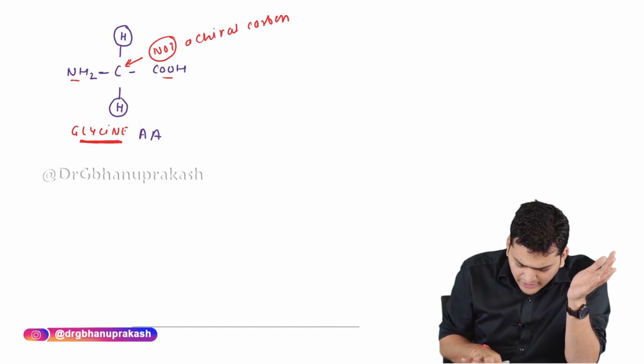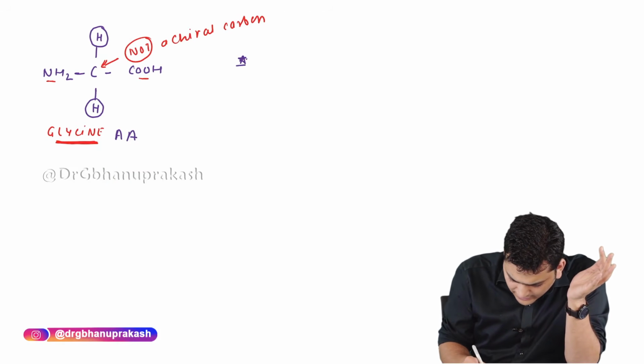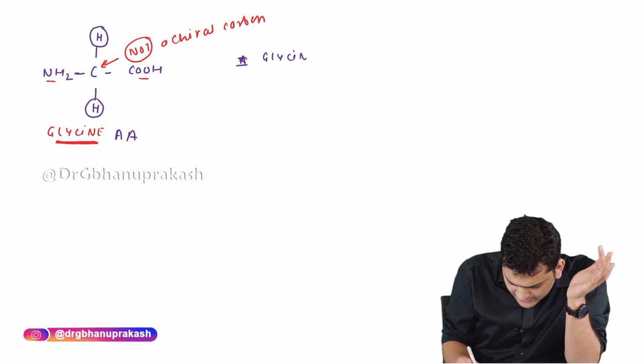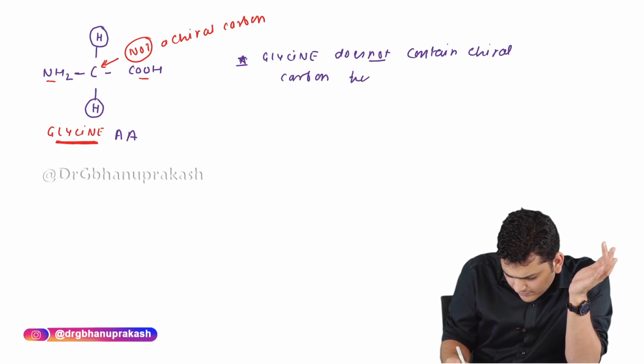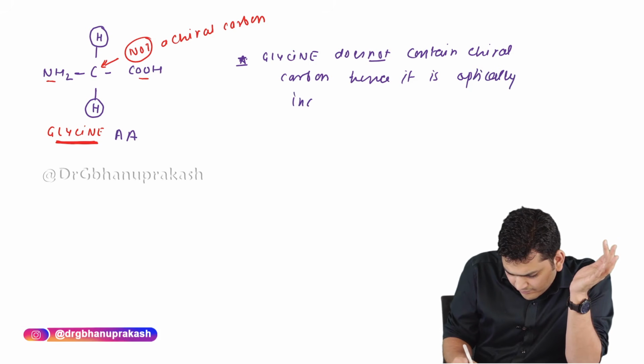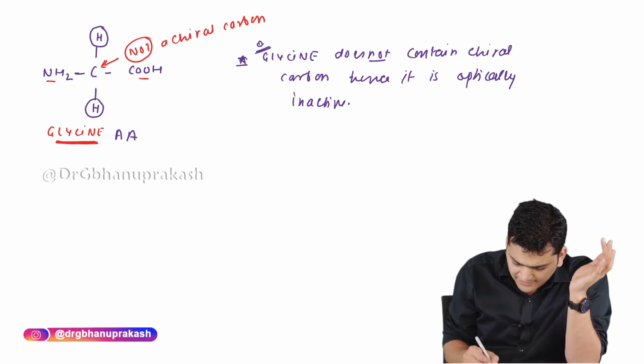So let's write down this point: glycine does not contain chiral carbon, hence it is optically inactive. This is the second definition.